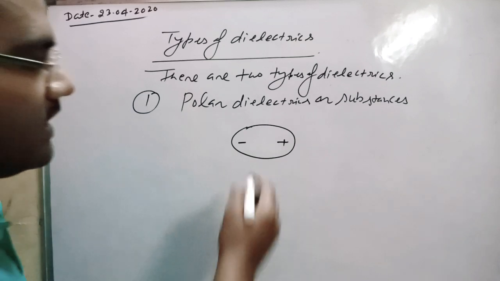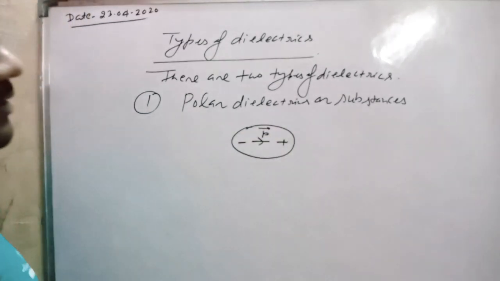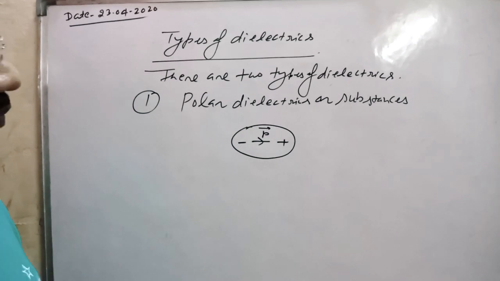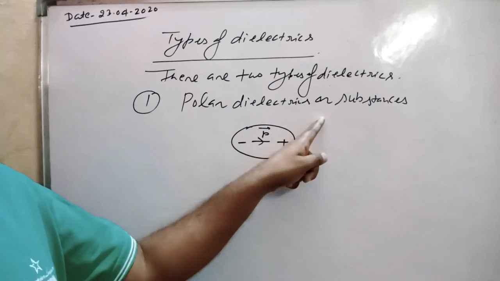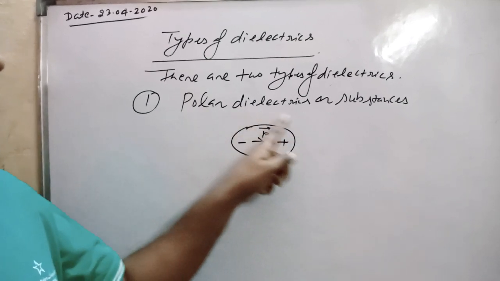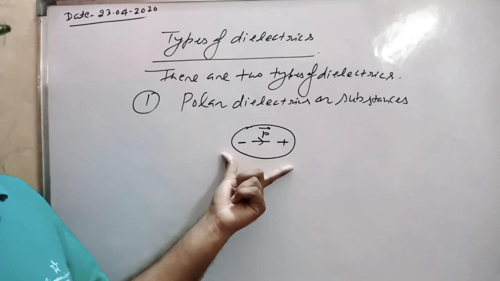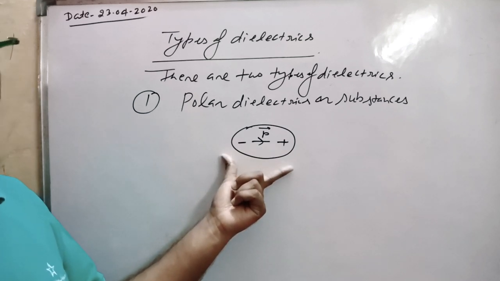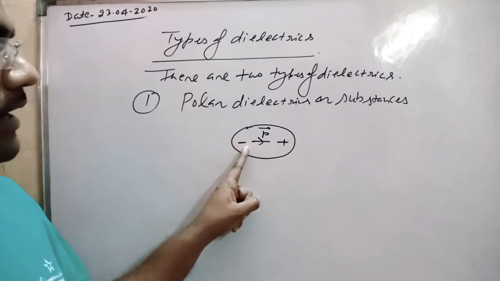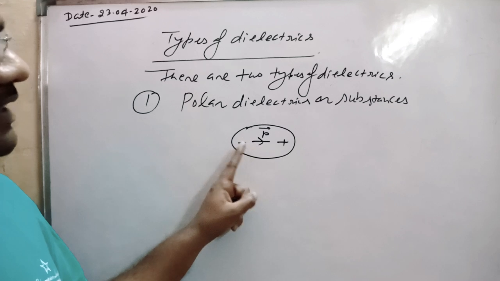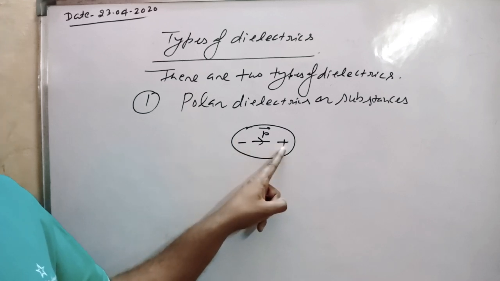That means there is an electric dipole moment produced. That means each molecule of a polar dielectric behaves like a molecular dipole which has a permanent electric dipole moment. The direction of the dipole moment is taken from negative to positive.